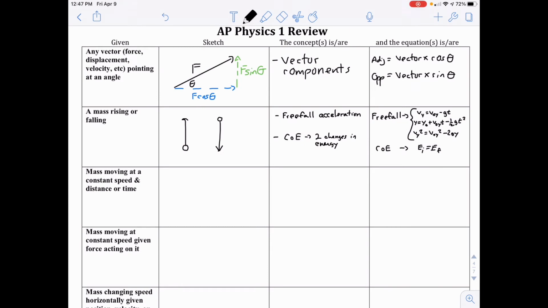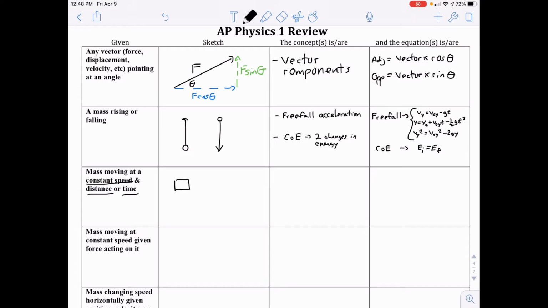Well, what if we have a moving mass, let's say at a constant speed, and we're given distance and time? Well, you're given kinematic variables.